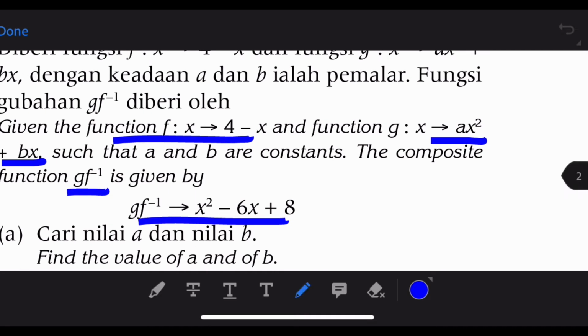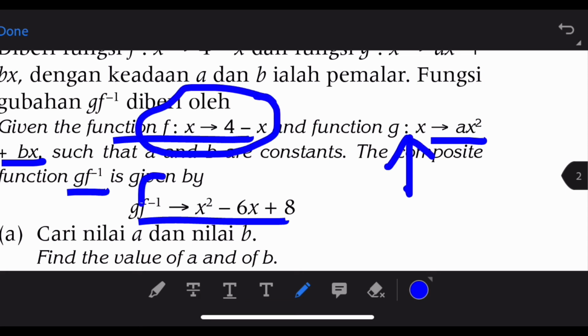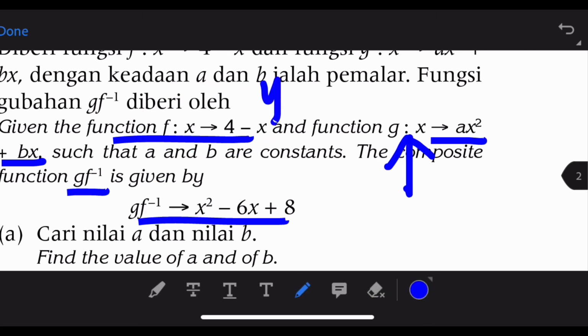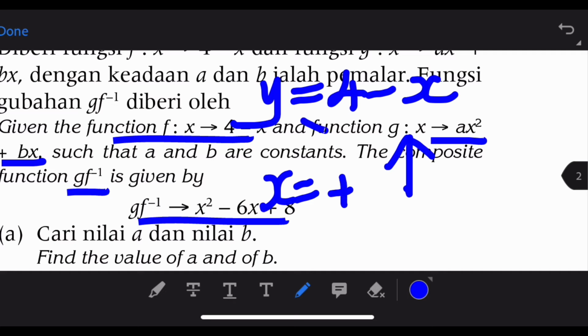So we will find it from here, but before that we need to find the inverse, right? Because there is an inverse there. So let's find the inverse. In order to find the inverse, we always let f(x) equal to y. So x is 4 minus y, bring over, right? 4 minus y.